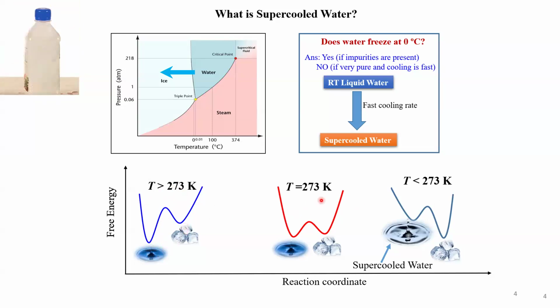But if you go to 0 degrees Celsius for atmospheric pressure, for example, you can see that it is a double well and the depths of the wells are the same, and therefore liquid water can be easily transformed into ice, and also back to liquid water.